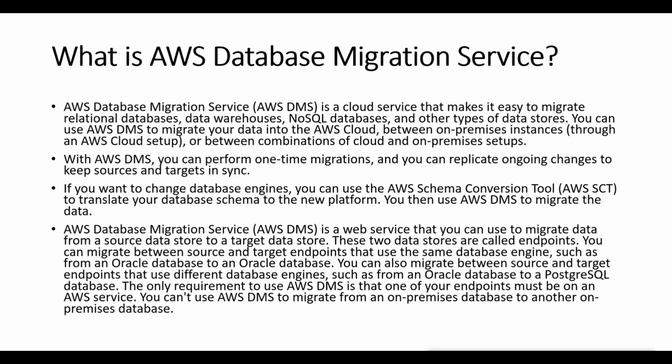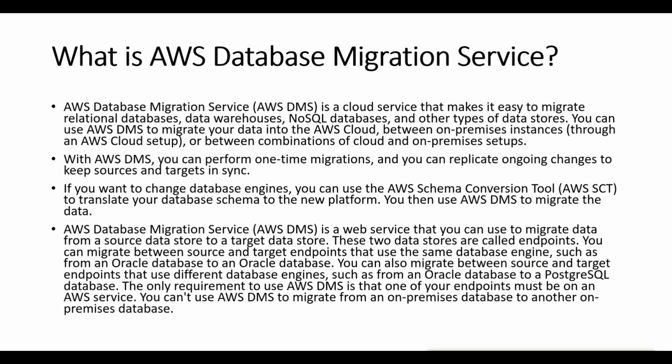So what is AWS DMS? It is a data migration service, a tool, and a cloud service that makes it easy to migrate relational databases, data warehouses, NoSQL databases, and other types of data stores.